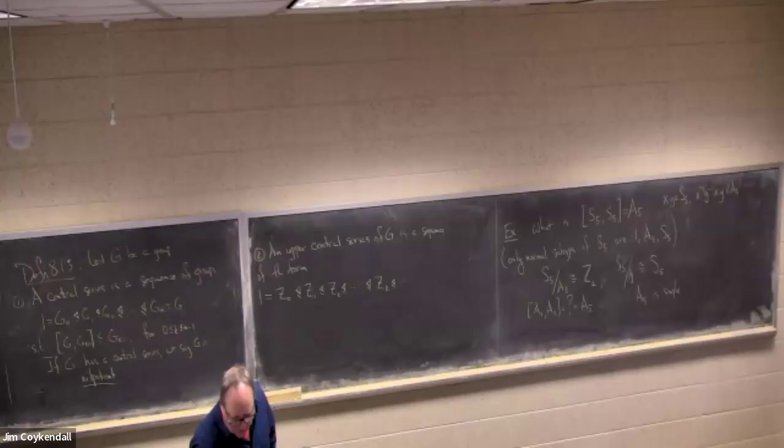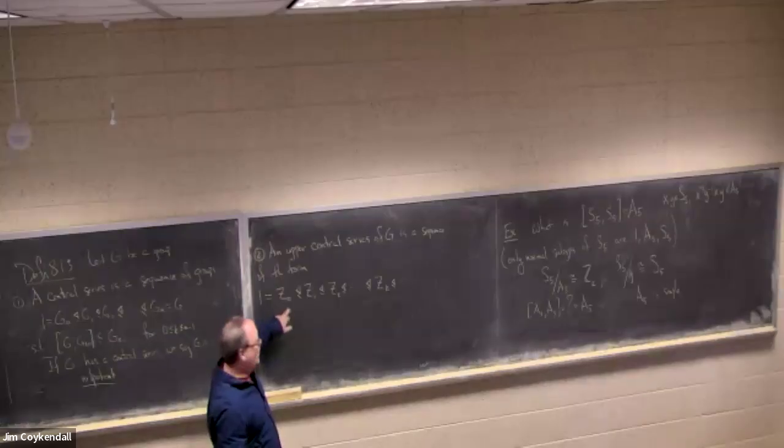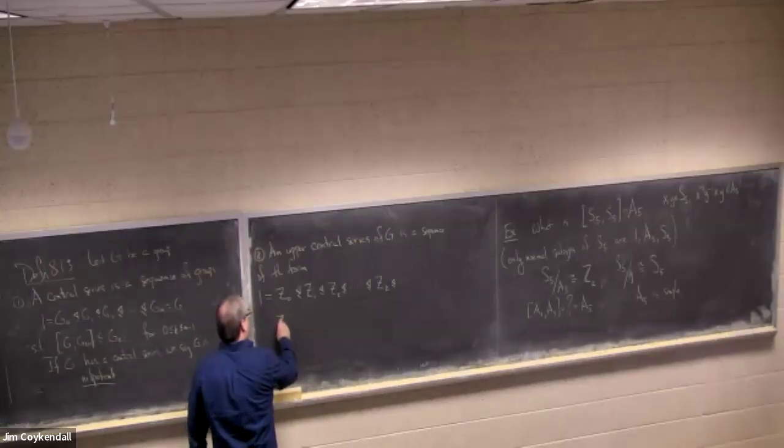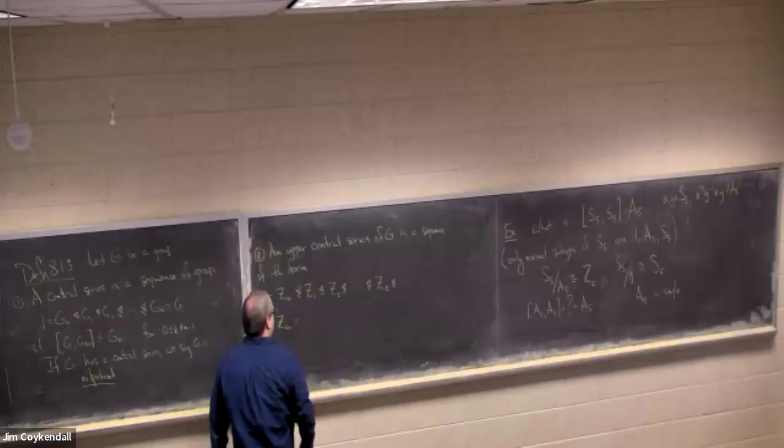And I'm going to tell you how we define Z_k plus one. Inductively, Z0 is defined to be one. And so how do I get the next Z from the previous?